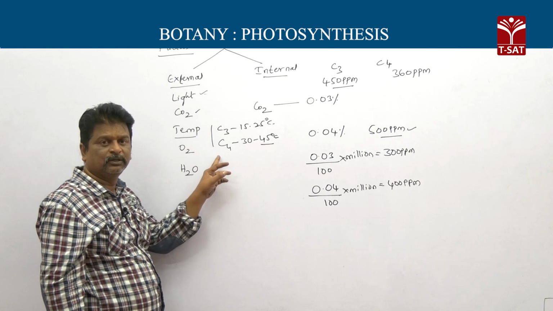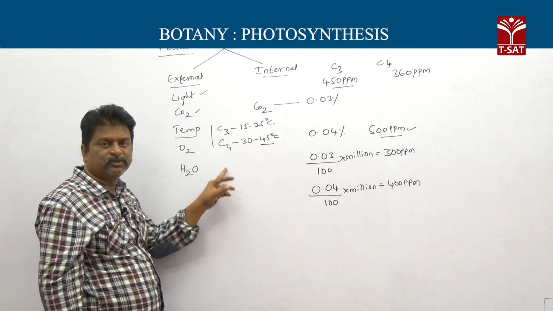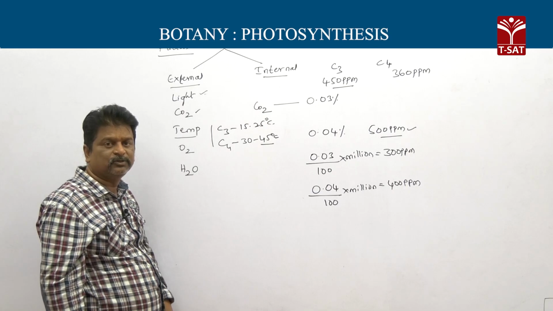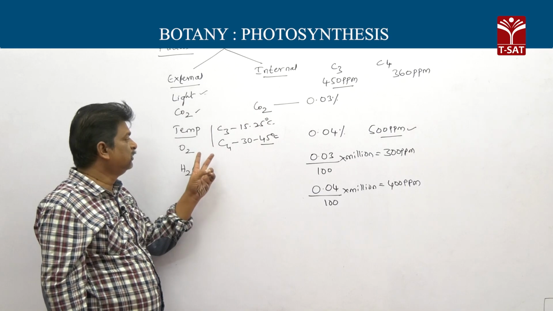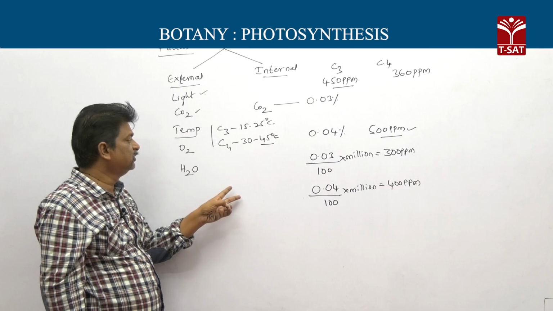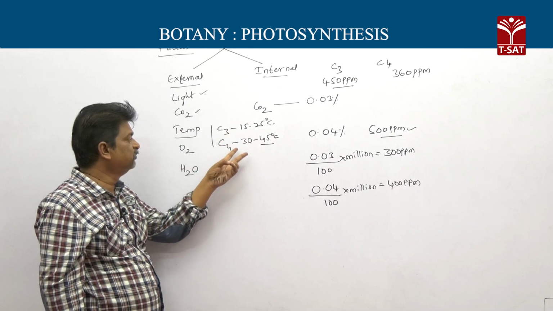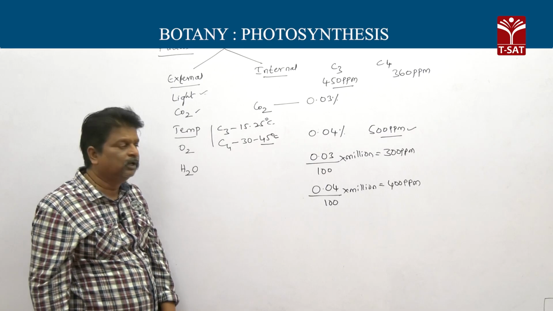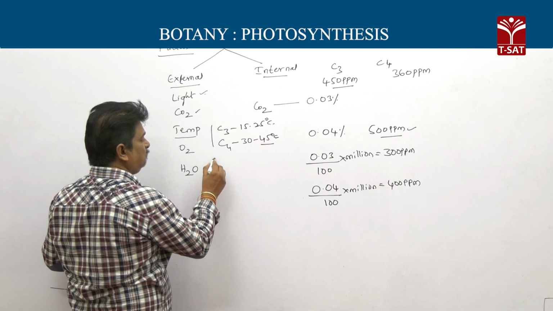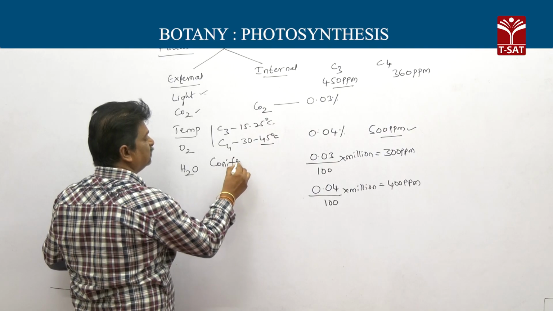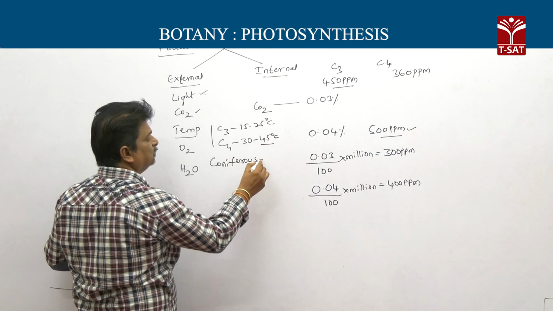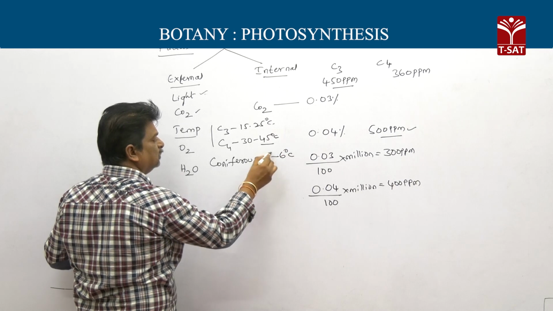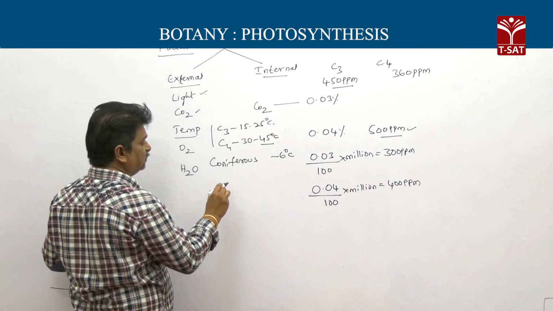At low temperature, enzymes are inactive. At high temperature, enzymes are denatured. That is why at low and high temperature the photosynthetic rate is decreased, but at optimum temperature they show more photosynthesis. And some plants like coniferous plants, gymnosperms, carry out photosynthesis even at -6 degrees.